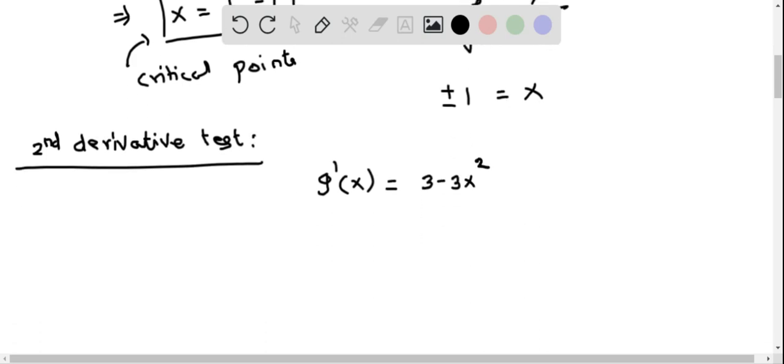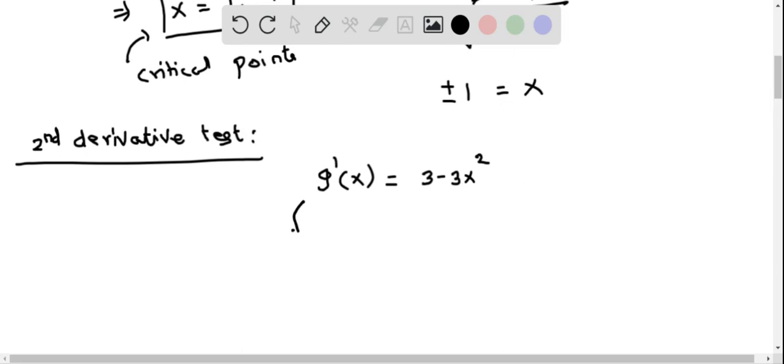Let's find the derivative of this one. So the derivative of g prime of x, which is basically the second derivative of g of x, written as g double prime of x, equals the derivative of 3, which is a constant, and the derivative of negative 3x squared is negative 3 times the derivative of x squared, which is 2x. So this basically equals negative 6x.